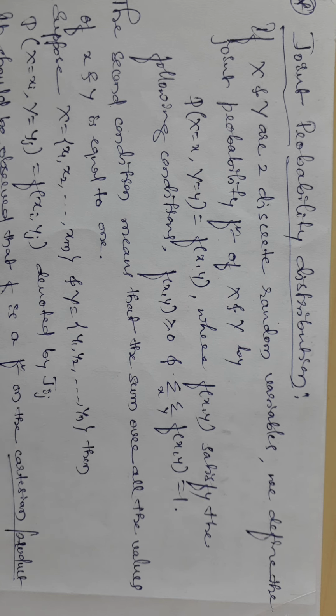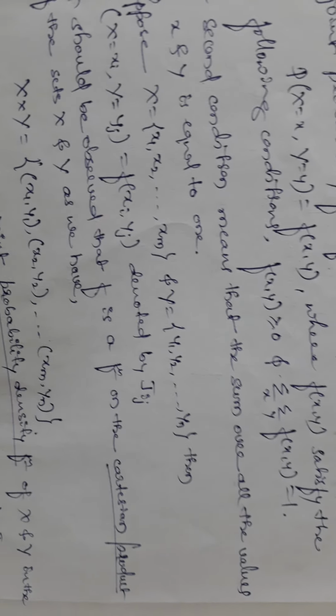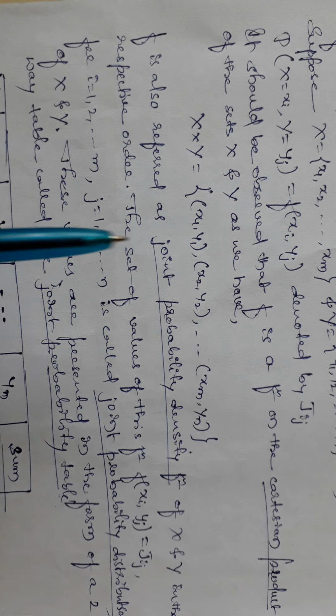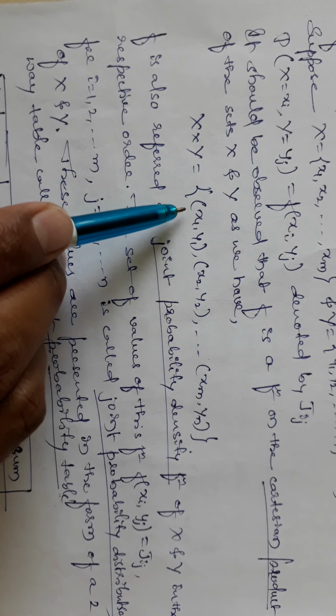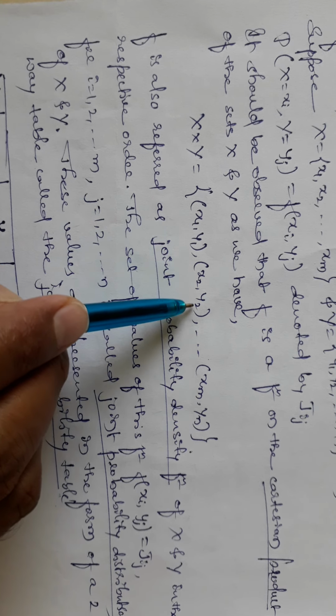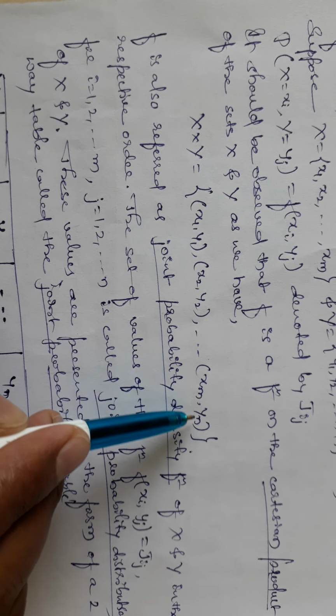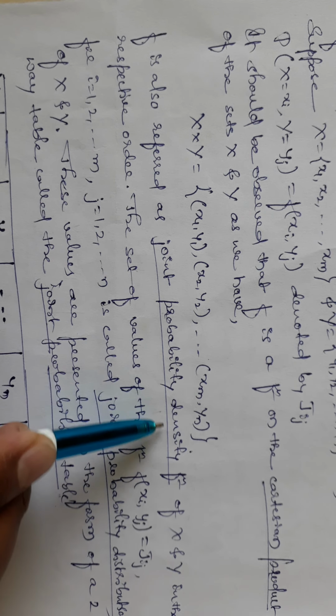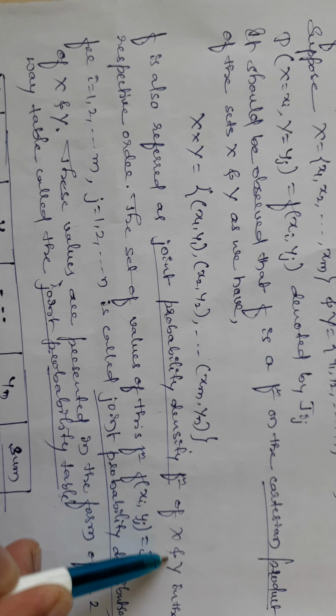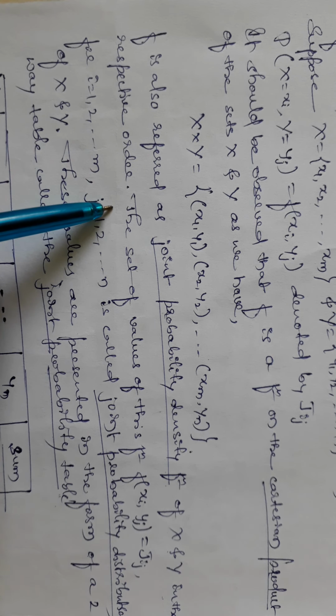It should be observed that f is a function on the Cartesian product of the sets X and Y, as we have X × Y equal to the set of pairs of x and y values, that is (x1, y1), (x2, y2), and so on up to (xm, yn). f is also referred to as the joint probability density function of X and Y in the respective order.